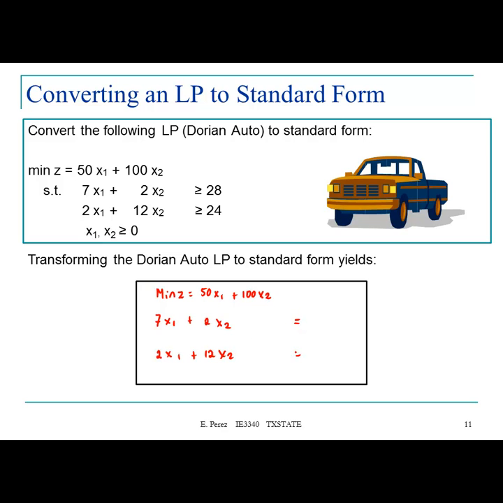And now we want to make this inequality equal 28 equal 24. But since this is a greater or equal constraint, instead of adding a slack variable, we're going to subtract an excess variable.